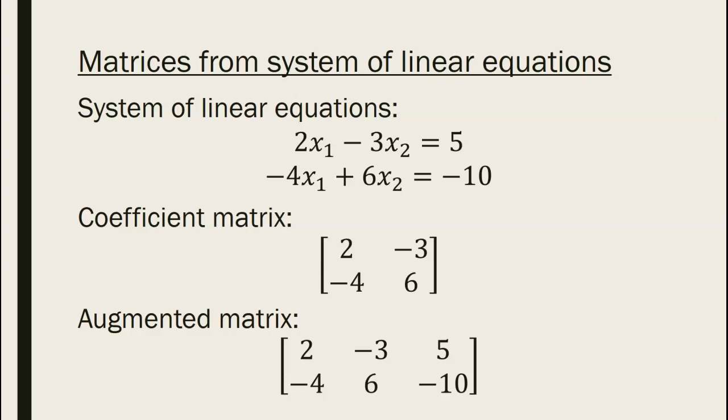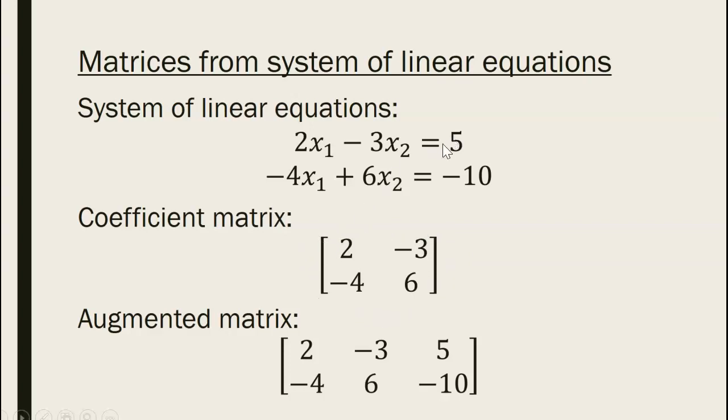So coefficients, columns represent variables, and each row represents one of the equations. Obviously, with the coefficient matrix, we don't have the equal to part. So the coefficient matrix takes into account just the coefficients.